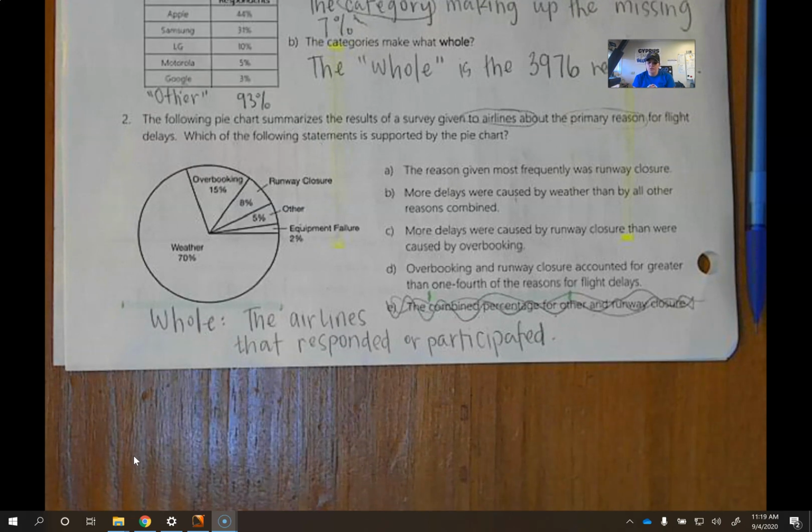Okay, so let's go through our options. Which of the following statements is supported by the pie chart? A, the reason given most frequently was runway closure. Definitely no. 8% of the time it was runway closure. B, more delays were caused by weather than all other reasons combined.